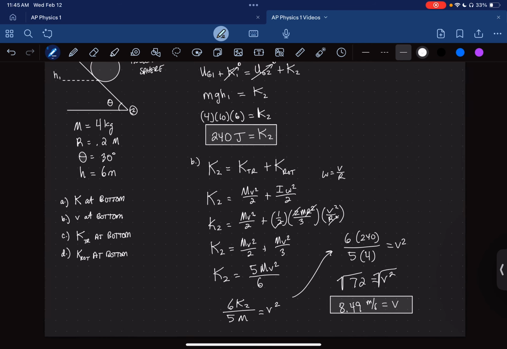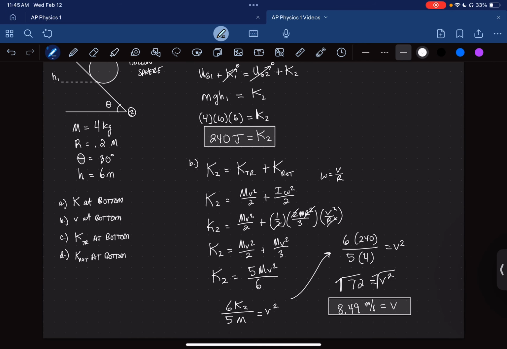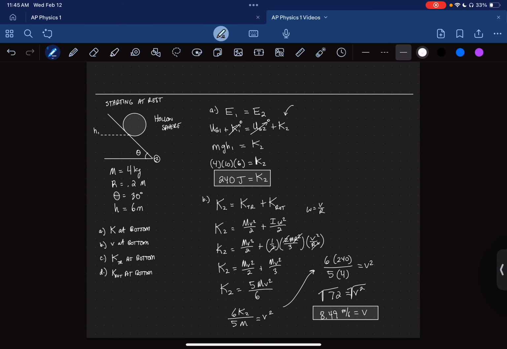Okay, let's do part C real quick. What is the translational kinetic energy at the bottom? Well, we do have an expression for that, which is simply this. So you can just write mv squared over 2, and we will plug that in.